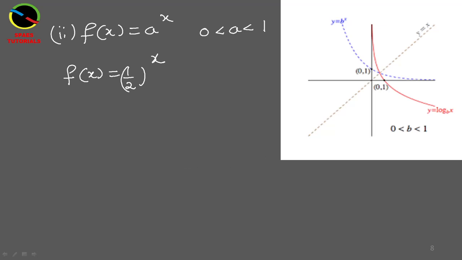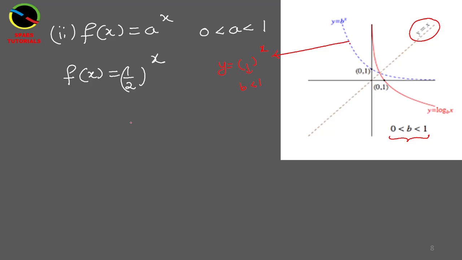Now see from here, let me change my ink to red, you'll understand it better. So this is going to become the graph for y equal to something power x, where this base is something less than 1. Again it is going to become a mirror image by taking y equal to x as the mirror. We can see exactly that this blue line and the red line are mirror images about the line y equal to x.